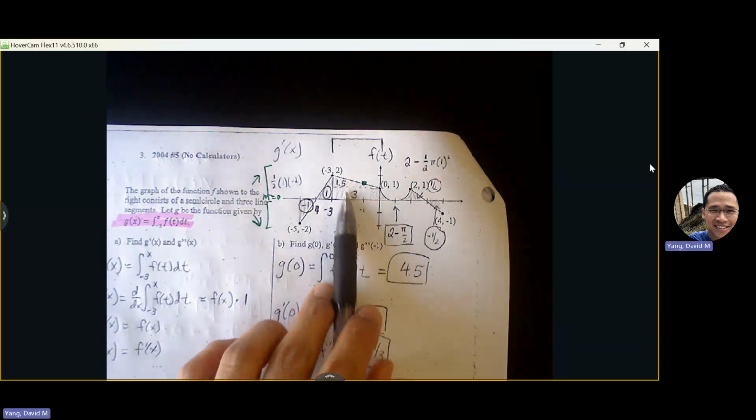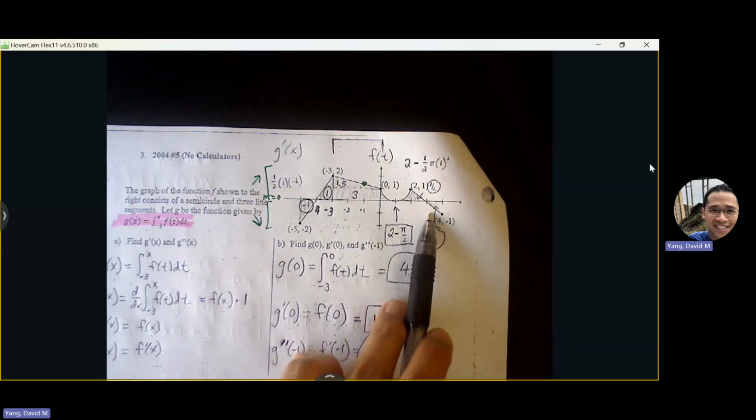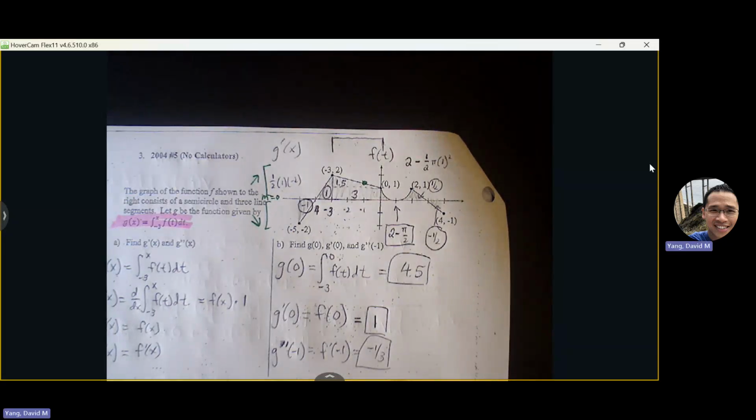So well, 1.5 plus 3 plus 2 minus pi over 2 plus 1/2 minus 1/2.